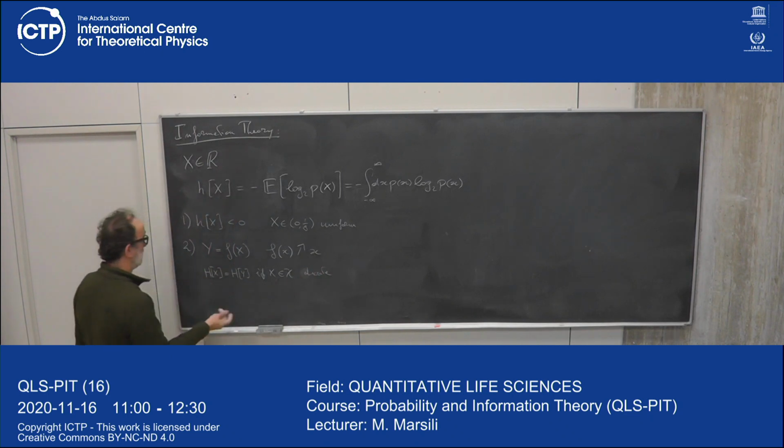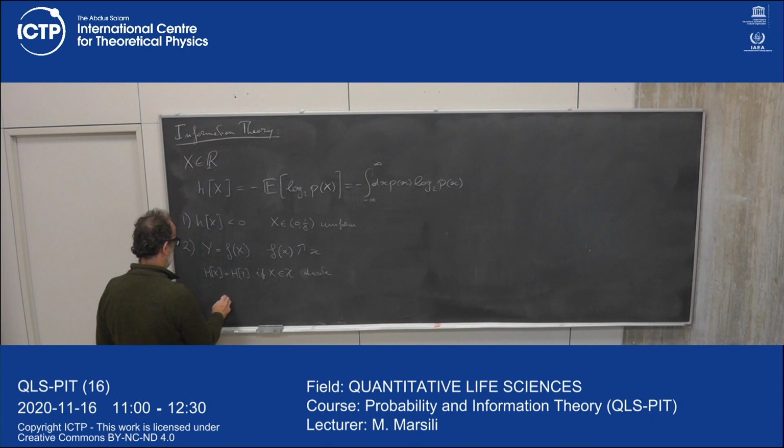Now, if it is continuous instead, well, we know that the distribution of y is actually equal to the distribution of x divided by the absolute value of the first derivative of f.